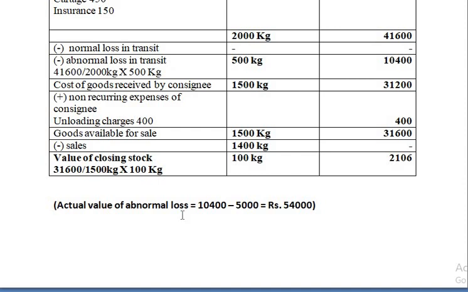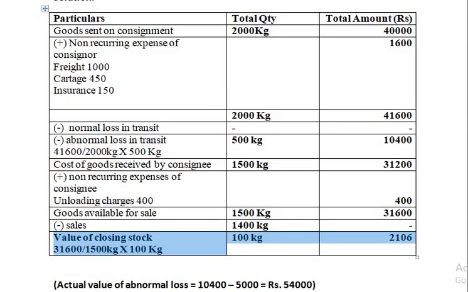But here we have to calculate only the value of closing stock. The closing stock will be 100 kg and the total amount is 2,106 rupees. That's the solution for this problem. Okay, thank you students.